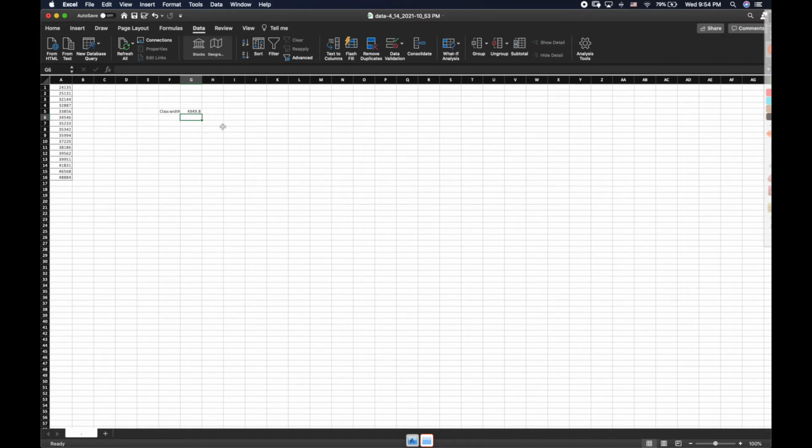So let's make a distribution table. I need 5 classes. My first one starts at 24,135, and I'm going to keep adding the class width.